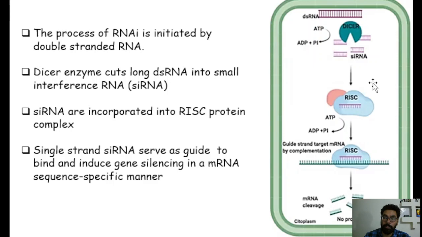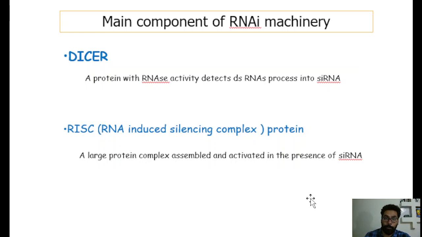These small RNAs will get associated with protein complexes and chop off the mRNA that is targeted. This is the simple phenomenon of RNA silencing. We will come to its components now.